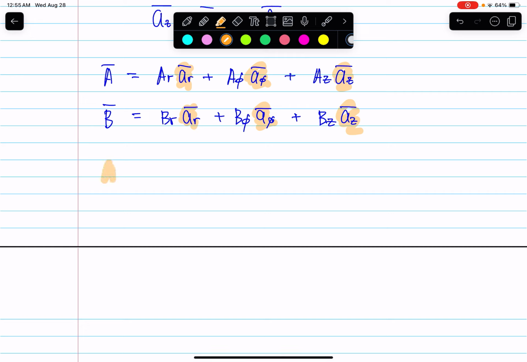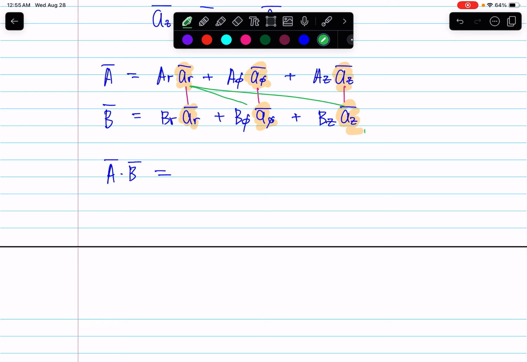If you do A dot B, then essentially we're going to multiply all of these, except for these multiplications where you just multiply AR to AR. The green lines will result in 0 because AR and A pi are orthogonal, and AR and AZ are orthogonal.